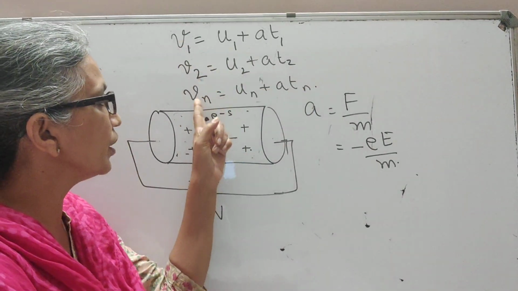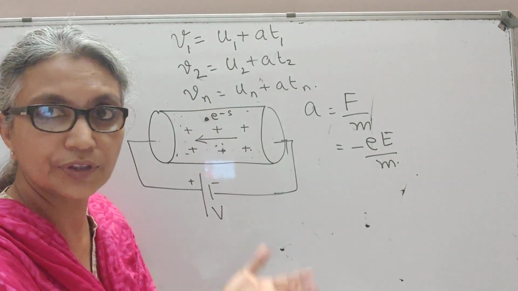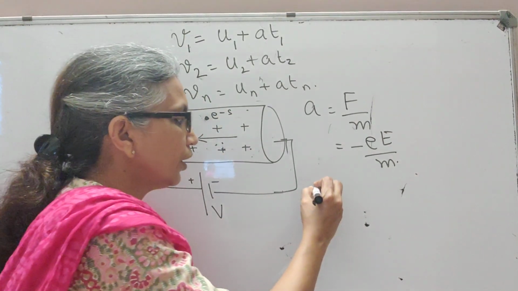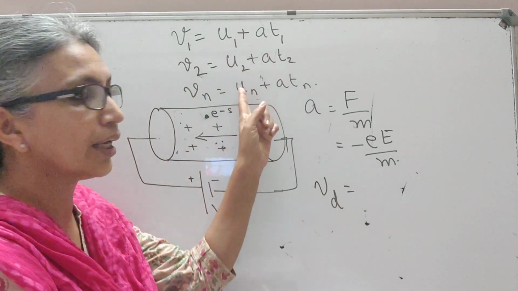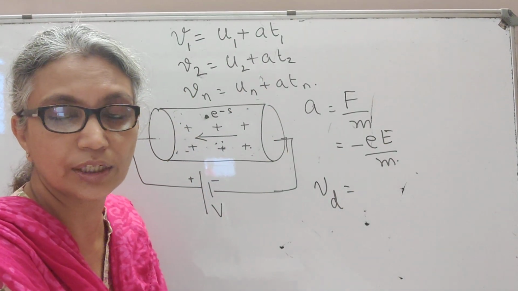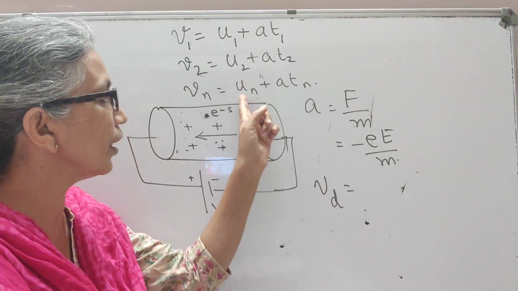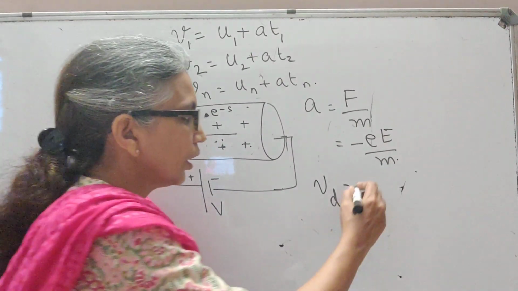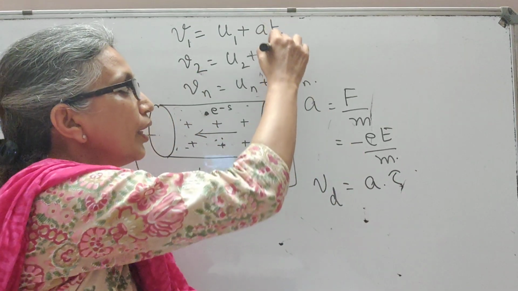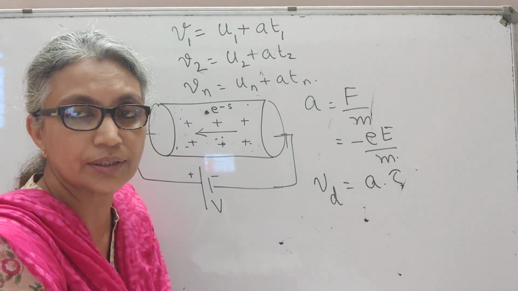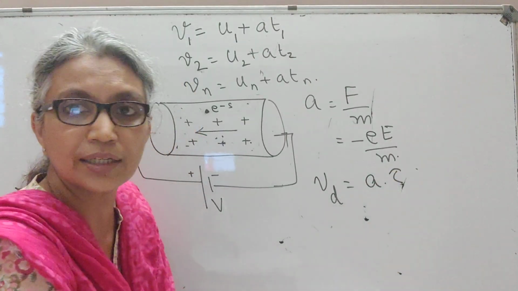Now the average of all these final velocities on the application of the electric field is what we defined as Vd, the drift velocity. It is equal to, remember I told you the average of the initial velocities of all the electrons is 0. So this average is 0, equal to A into tau, being the average of this time, that is, this is called the relaxation time.